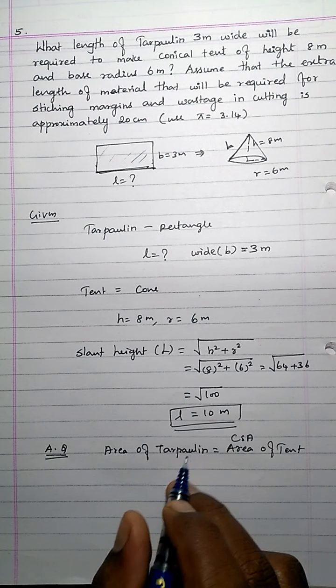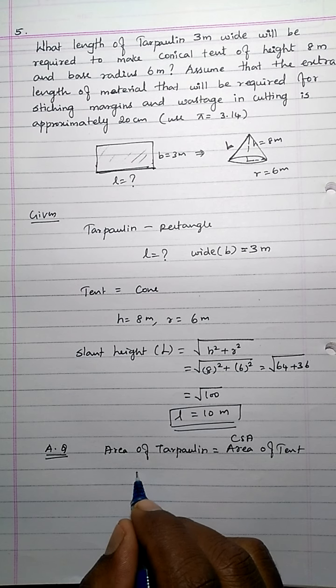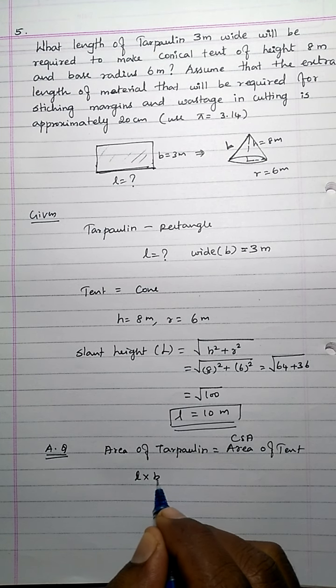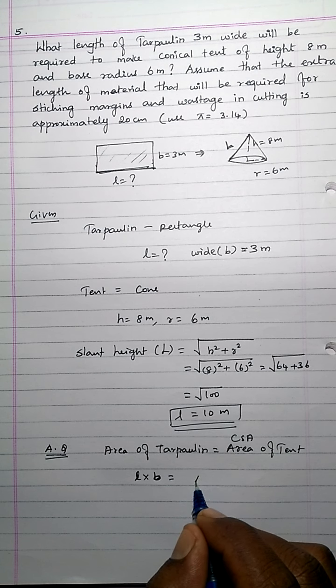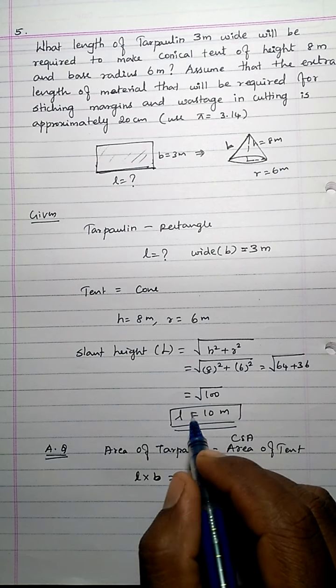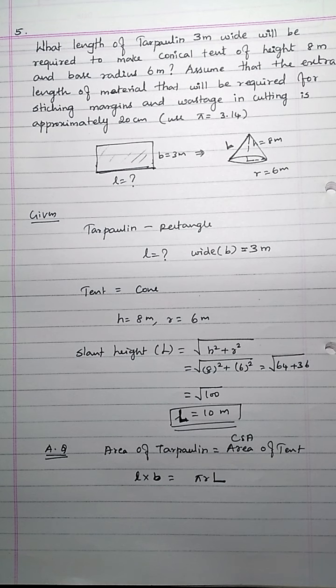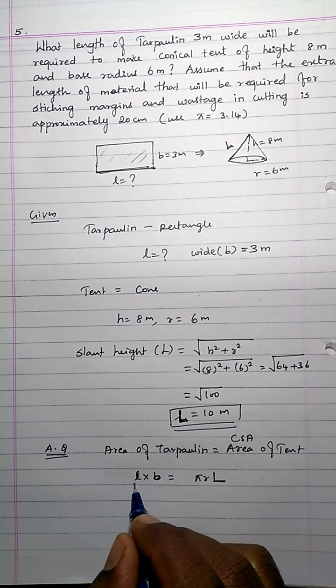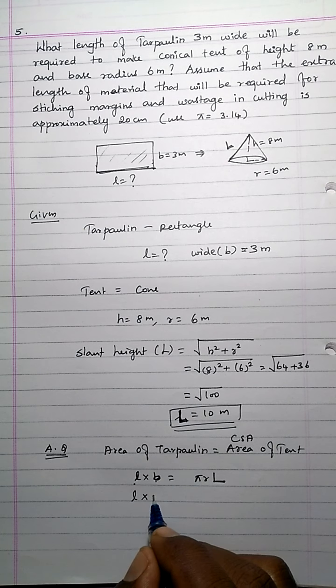So the tarpaulin is a rectangle, then area of rectangle formula, length into breadth, is equal to curved surface area of tent formula, pi r L. Here the slant height we are taking as a capital L to show the difference. Now this length only we have to find out. Breadth, the width, is given 3.